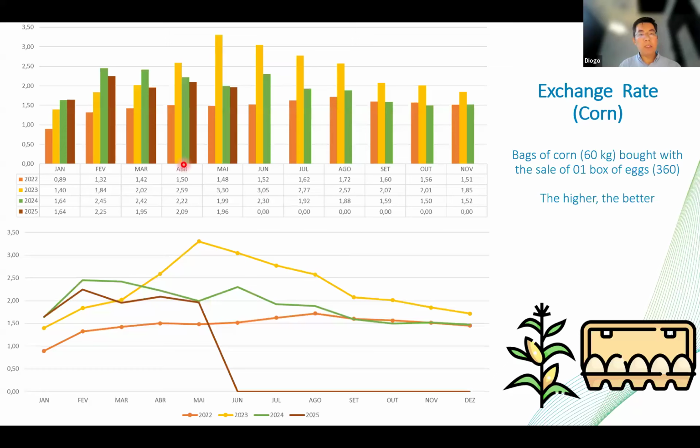This type of graph you can adapt for your local situation. But since I started in the layer industry, in the egg industry, I heard from the egg producers that a normal or good situation is when you can buy at least 2 bags of corn after selling one box of eggs.